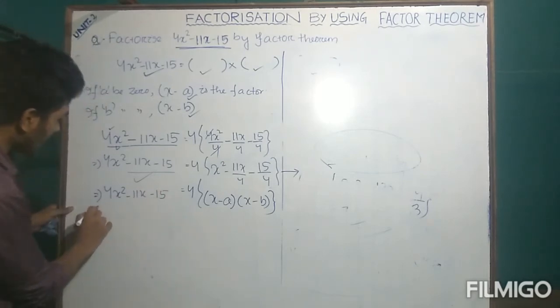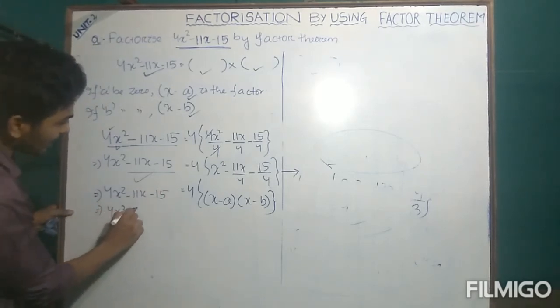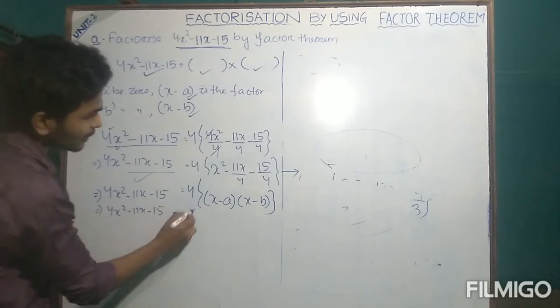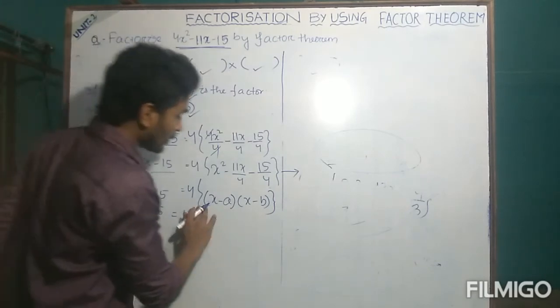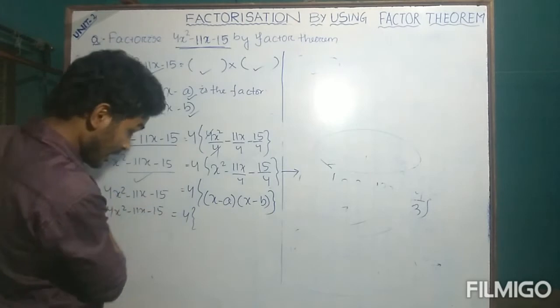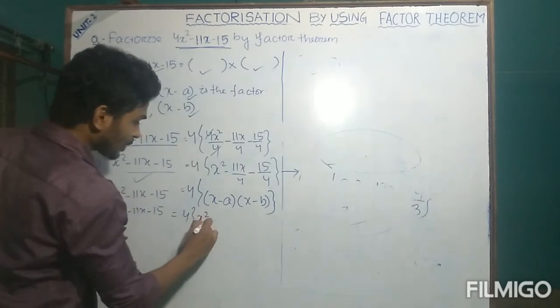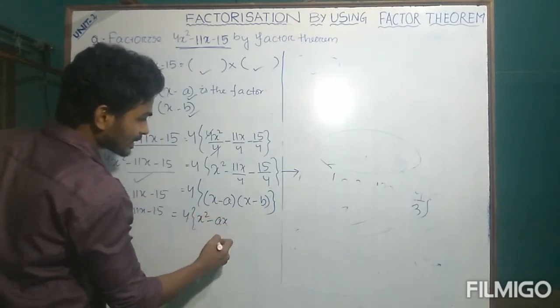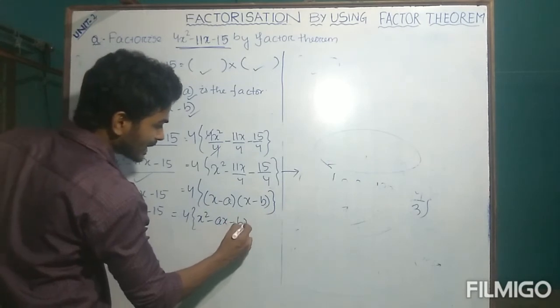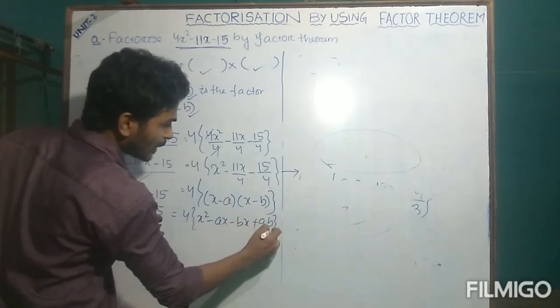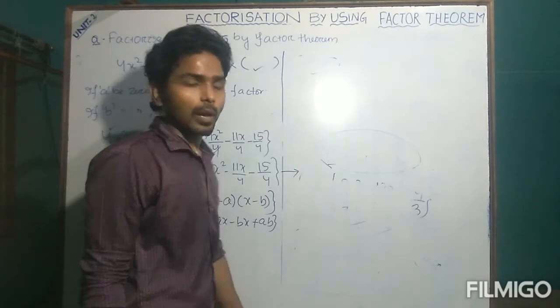Now 4x square minus 11x minus 15 is equal to 4. We have to multiply these two factors. After multiplication using distributive law, they will give x square minus ax minus bx plus ab.